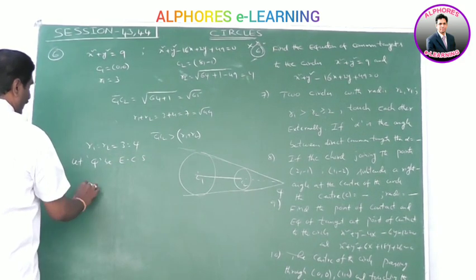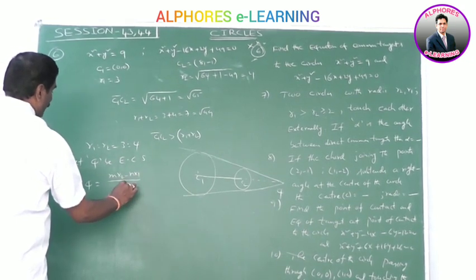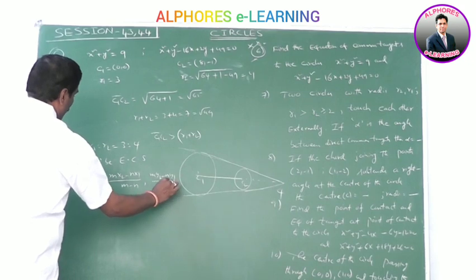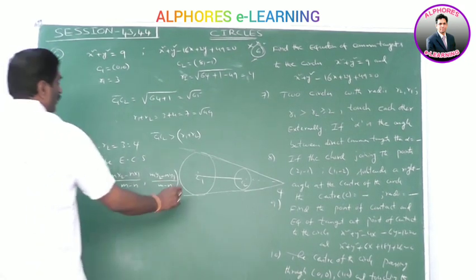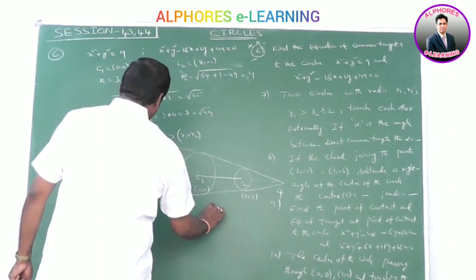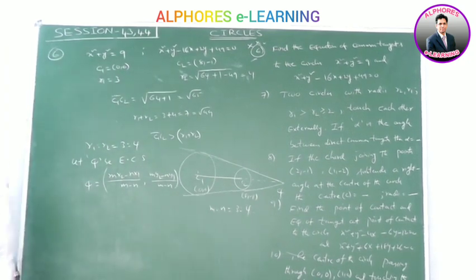Then Q = ((mx2 − nx1)/(m − n), (my2 − ny1)/(m − n)). Here C1 is (0, 0) and C2 is (8, −1). The ratio m is to n is 3 is to 4.